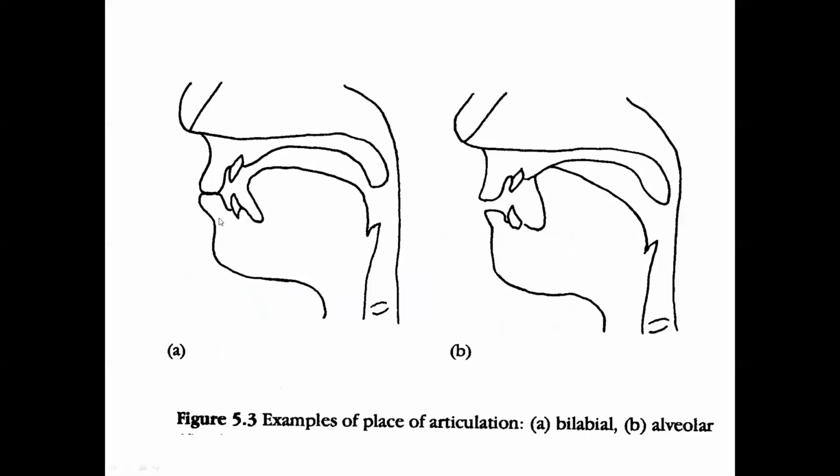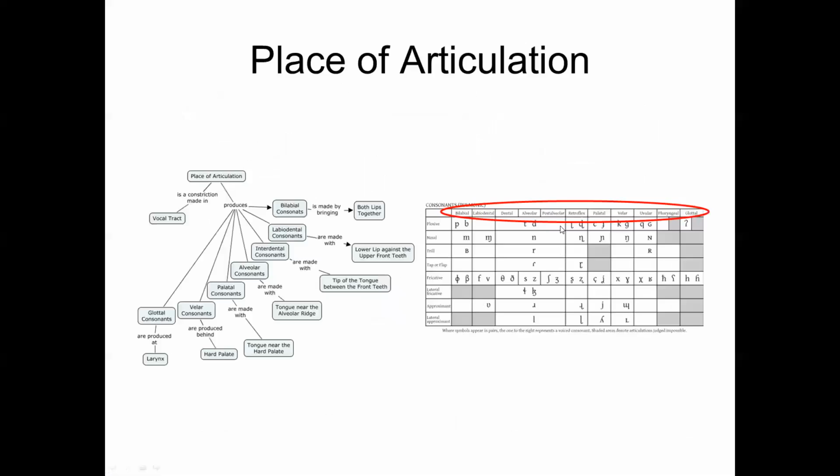So, two lips together is a bilabial sound, or two lips close together, in terms of other things besides stops. Or if you have an alveolar place of articulation, just imagine that tongue, it could be your tip or the blade of your tongue, touching the area behind your front teeth.